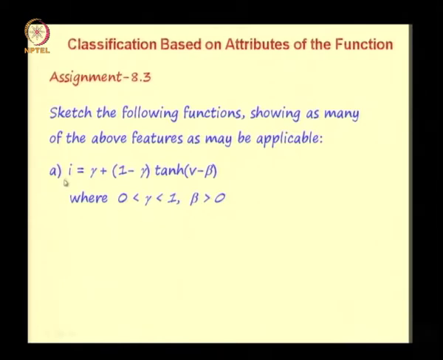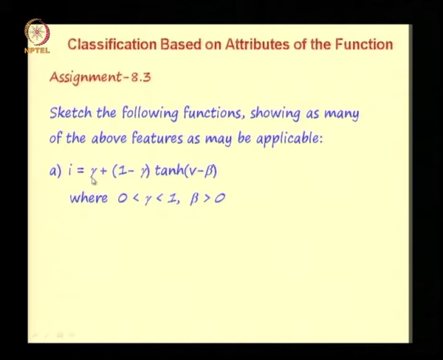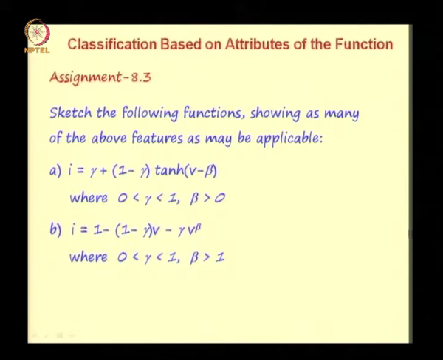First function is I equal to gamma plus (1 minus gamma) tanh(V minus beta), where gamma lies between 0 and 1 and beta is greater than 0. Another function is I equal to (1 minus gamma)V minus gamma V^beta, where gamma lies between 0 and 1 and beta is greater than 1.